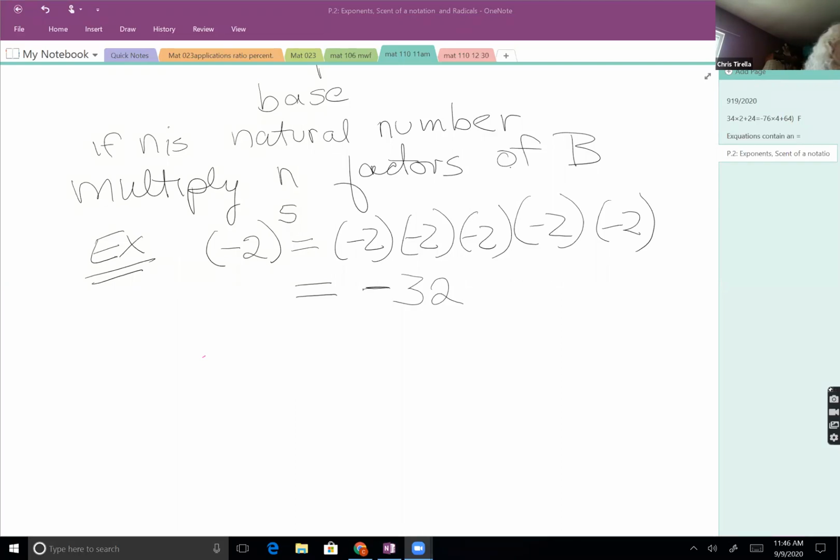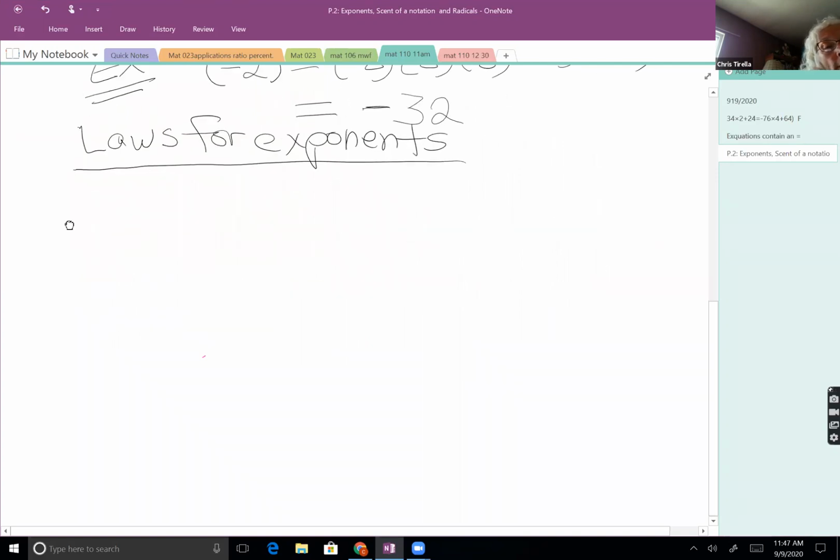Then if the definition of exponents is all right, we're going to start looking at the laws for exponents. And the first rule that we're going to have for exponents is the product rule.